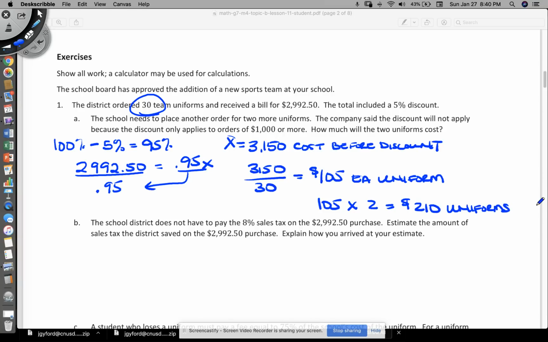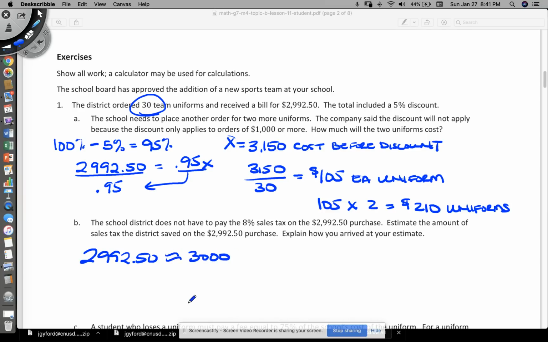All right, now B says the school district does not have to pay an 8% sales tax on the $2,992.50 purchased. Estimate the amount of sales tax the district saved on that purchase. Sometimes when you buy huge amounts of things like that, people will discount you the sales tax and say you don't have to pay the sales tax. It's kind of the same thing as offering free shipping. So $2,992.50 is close to $3,000.